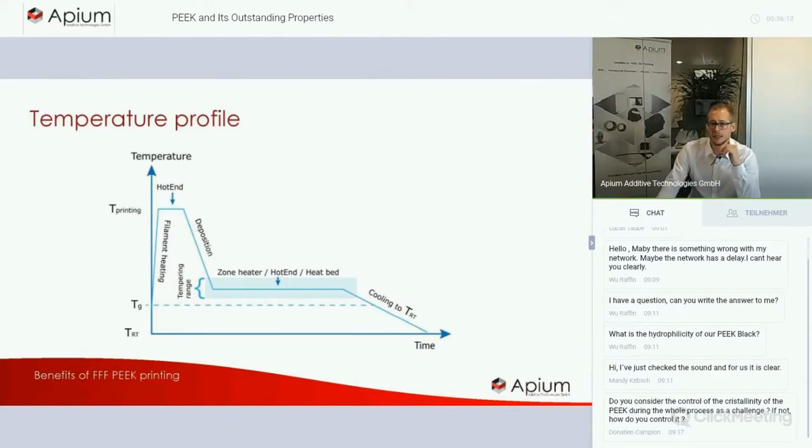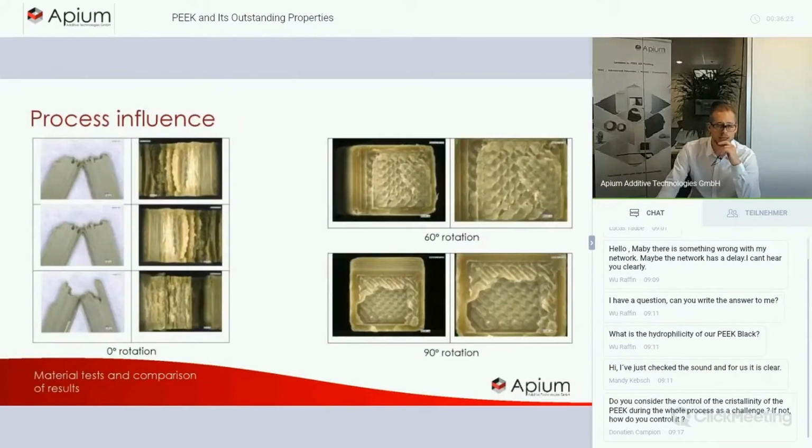And this is something we have already seen when we did several tests, for example, Charpy tests. And of course, rotation of the part plays a critical role, but also here the layers were breaking by themselves. This is not what we wanted to see. What we wanted to see was on the bottom left side of the part, where you see a crack propagating through the layers.